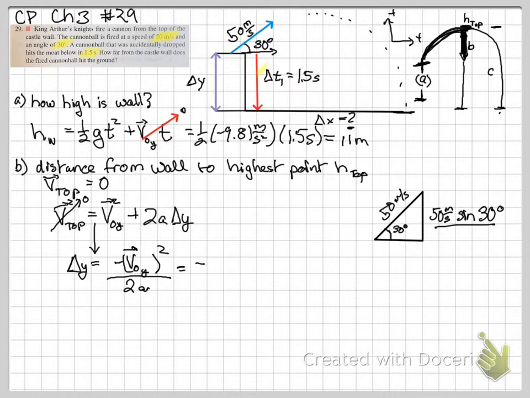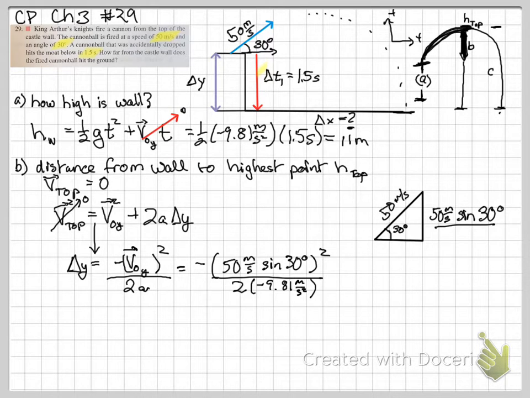So we'll just plug that in. We got negative 50 meters per second times sine of 30 degrees, and all of that's going to be squared. On the bottom we have 2, and then we have the acceleration of gravity, which is negative 9.81 meters per second squared.